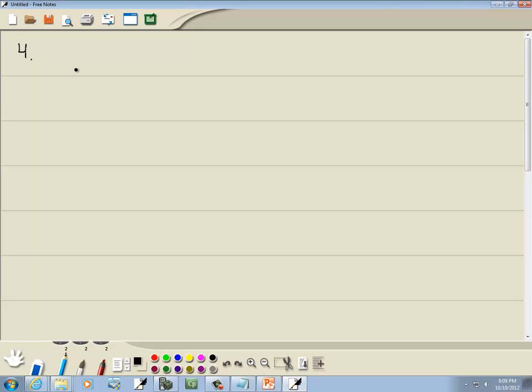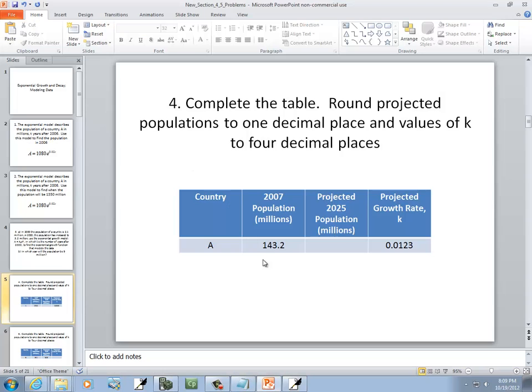Well, our formula is equal to this right here, and the assumption is that we're starting our model at 2007.